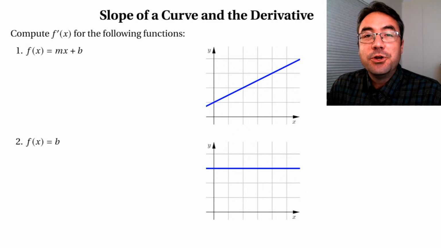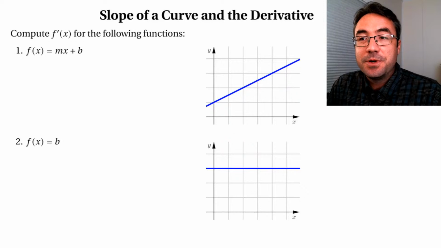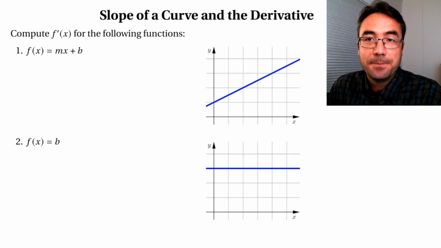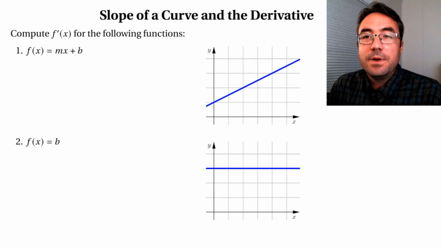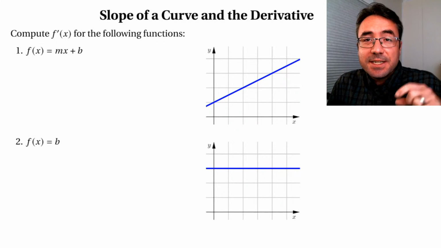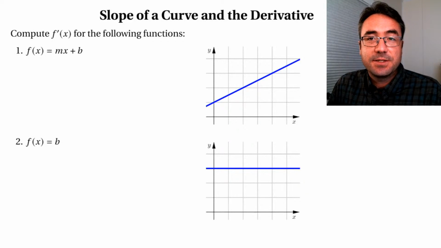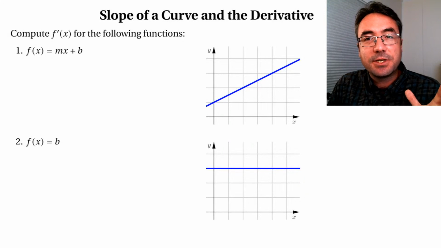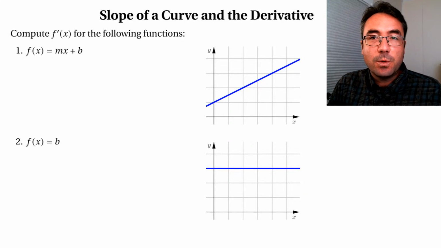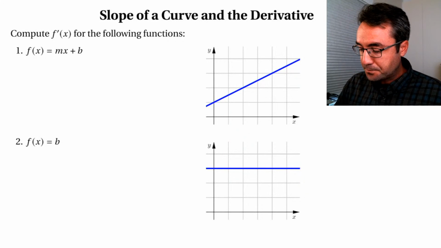That's really all we're doing with a derivative: the derivative measures the slope of the curve at any x value. In this slide, we're going to consider two basic functions, f of x equal to mx plus b, and f of x equal to b, and we're going to calculate the derivative of each of these.